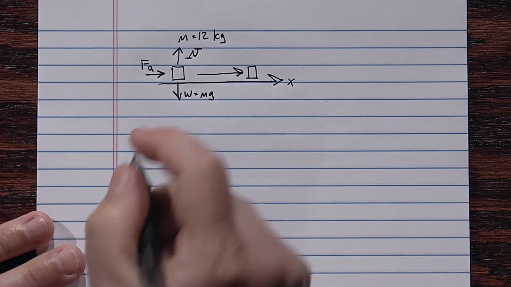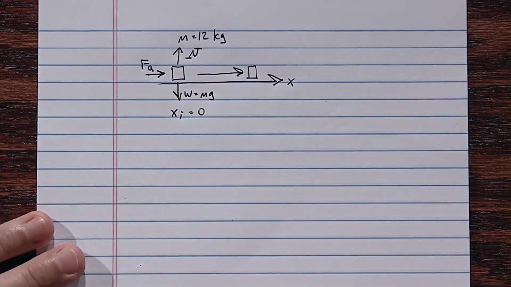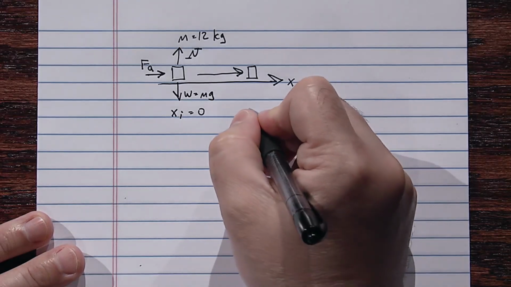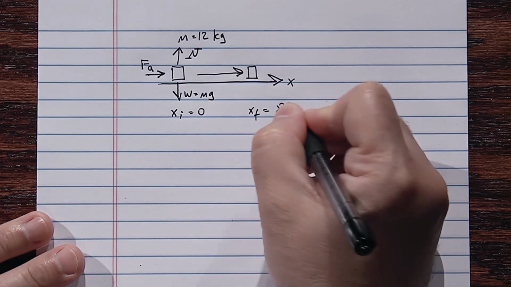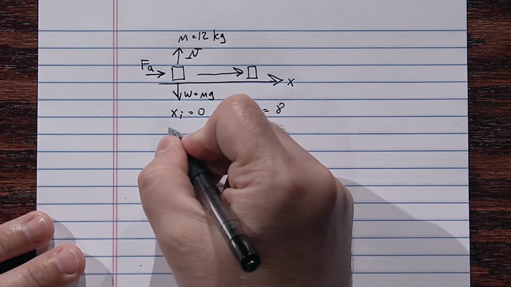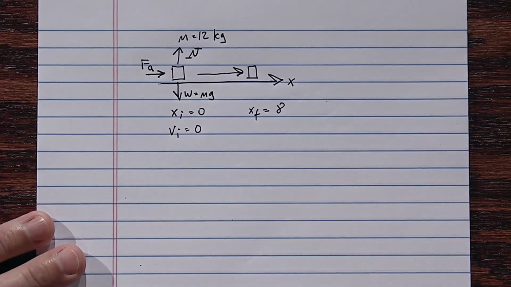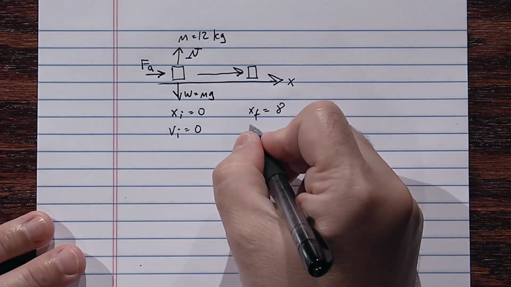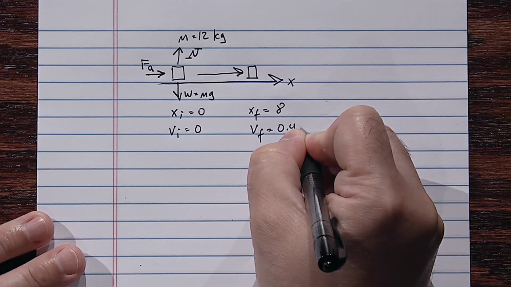We know that it was pushed a distance of 8 meters, so X initial we'll call 0. X final is 8 meters. The sandbag started from rest, so V initial equals 0, and its final speed was 0.4 meters per second.